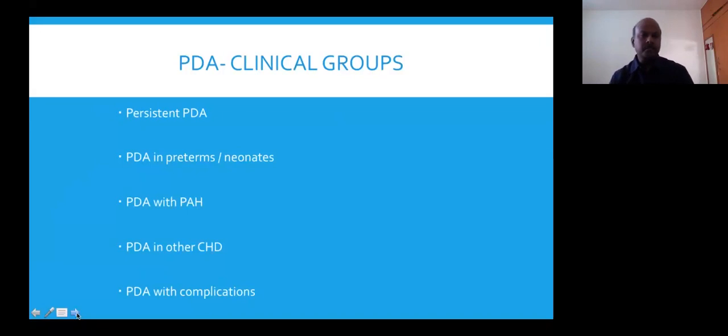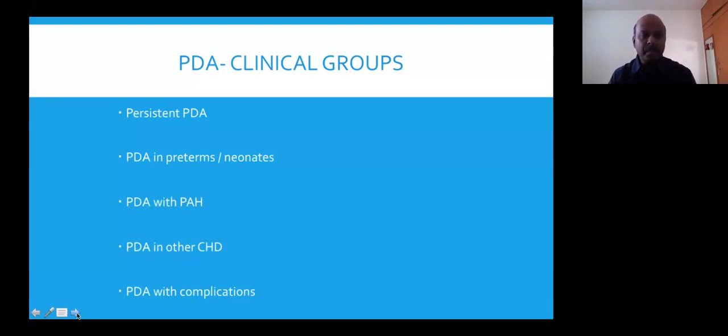And PDA in preterms and neonates, as we have seen, is more common and can take longer to close, and the hemodynamics and the implications are different in the preterms and neonates as compared to older infants and children.